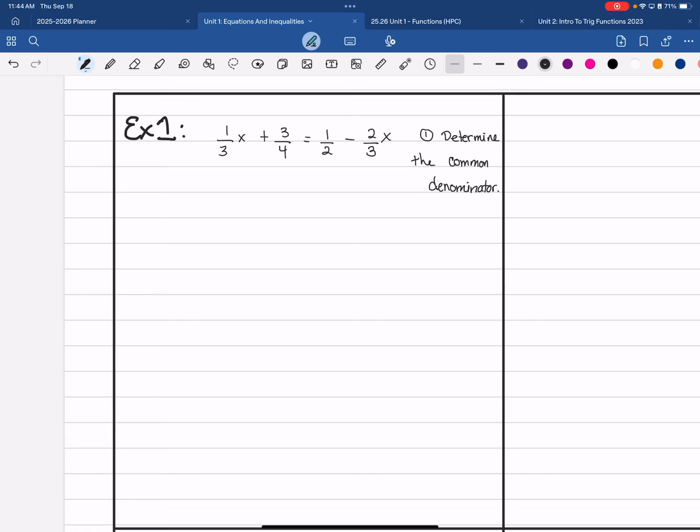So my second step, step 2, is going to be to multiply each term by the common denominator.